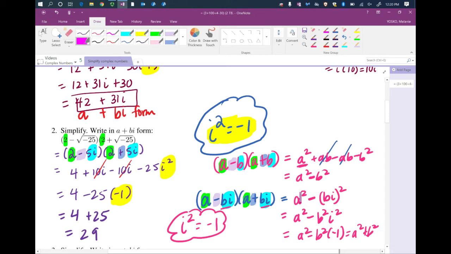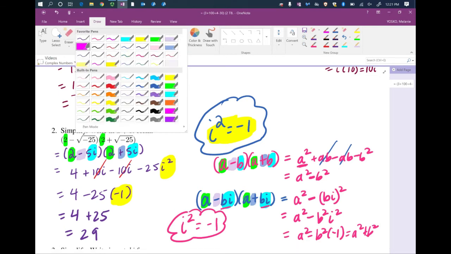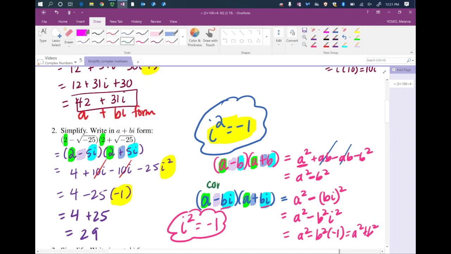Look over here when we did it in general. A minus bi, a plus bi. Both of them had imaginary parts. When you do this process, the i's are gone. You end up with some real number squared plus some other real number squared. So these are really interesting, really helpful. We call these complex conjugates.